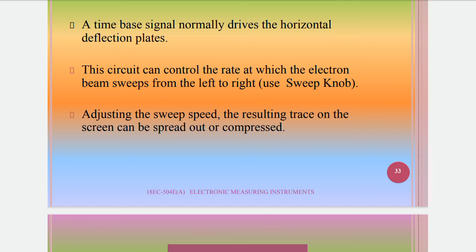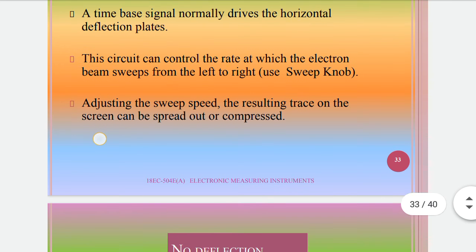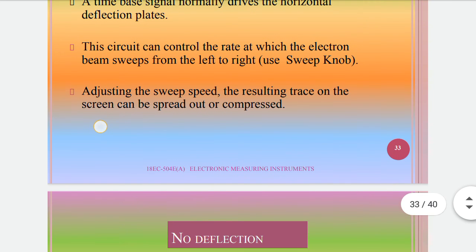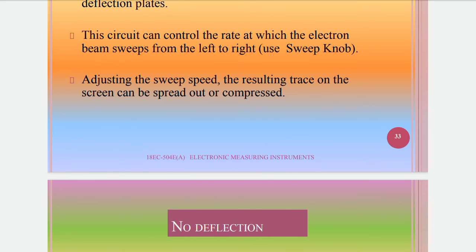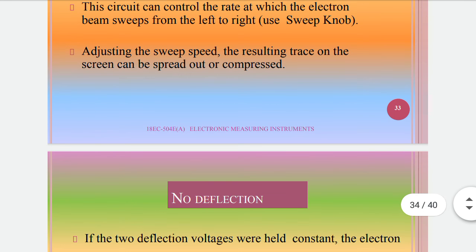This circuit can control the rate at which the electron beam sweeps from left to right by using the sweep knob, which means that in a CRO there is a sweep knob. By using this sweep knob, we can adjust the sweep speed, and the resulting trace on the screen can be spread out or compressed.